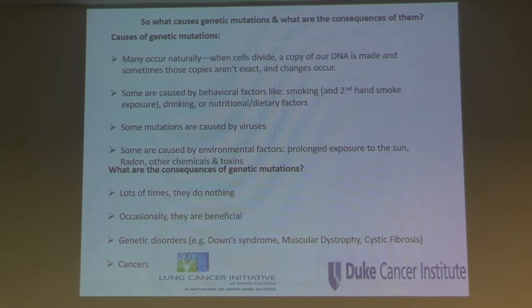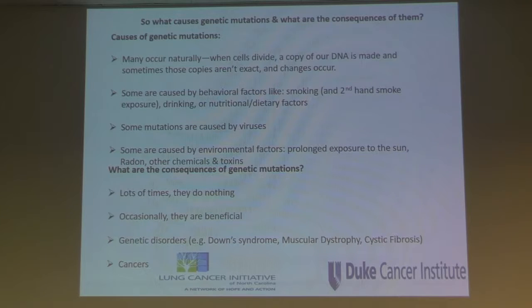So what are the various different causes of gene mutations? Some of them, like we already discussed, just occur naturally, and sometimes those changes end up in our cells, which I'll talk about a little bit in a sec. They're not always bad.